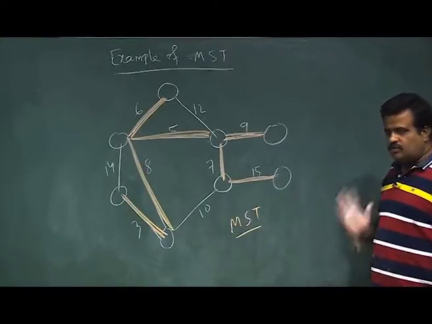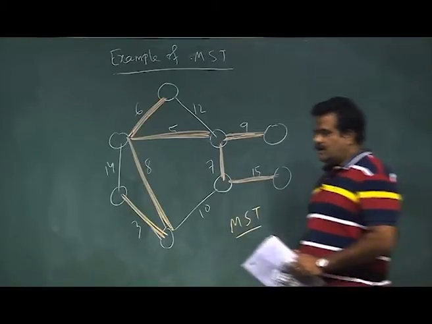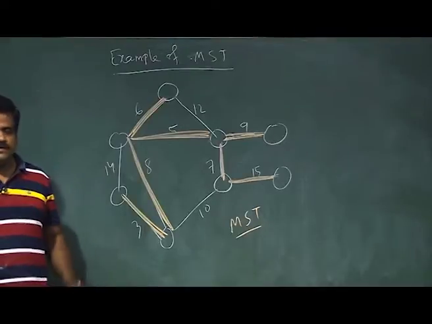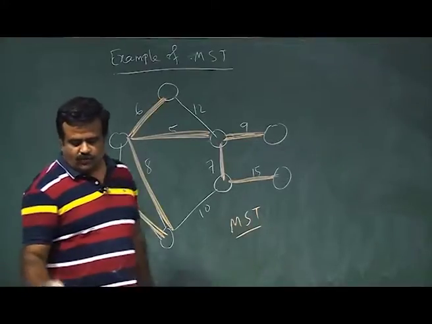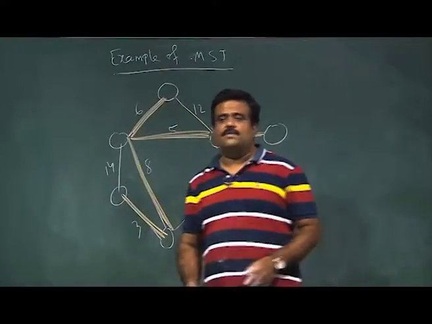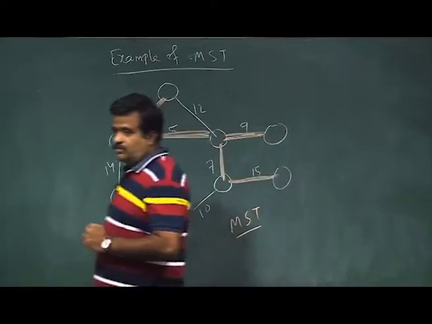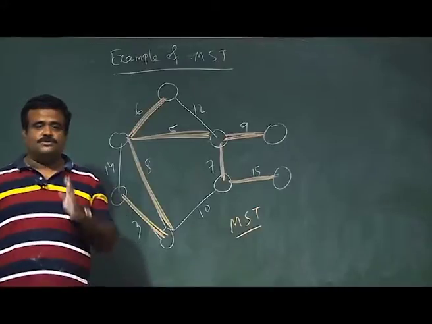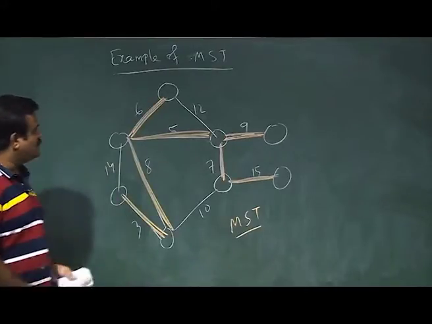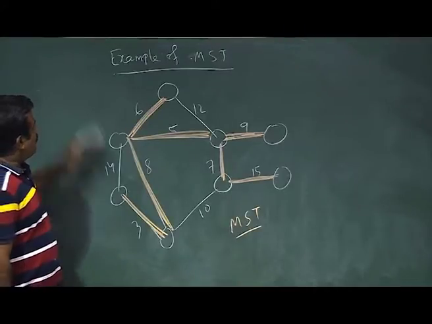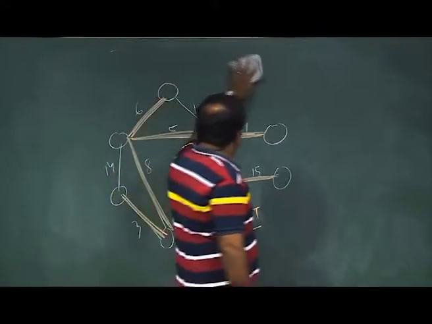Now we want to know the algorithmic way how we can construct such an MST. So for that we want to see whether we can use the dynamic programming technique which we know. For that we need to check the hallmarks. There are two hallmarks for a dynamic programming problem.